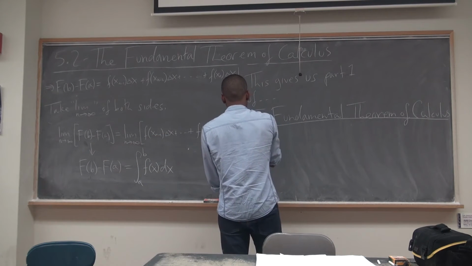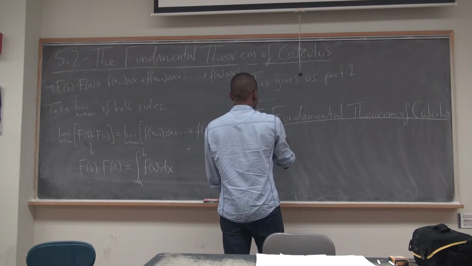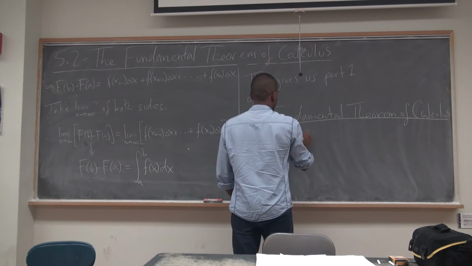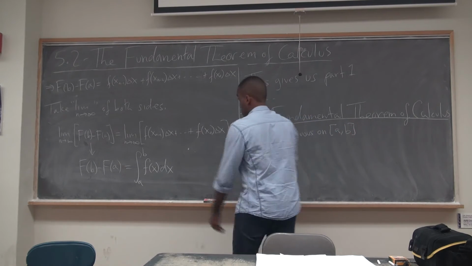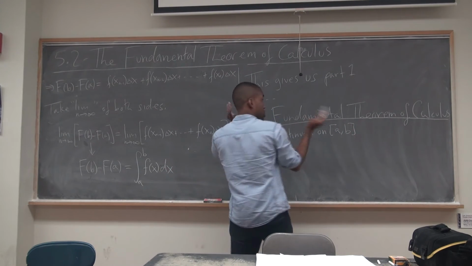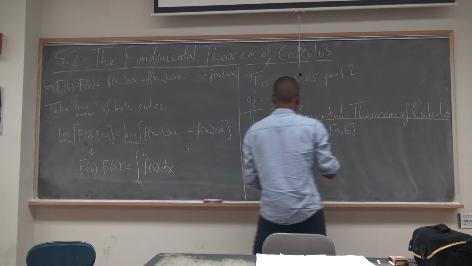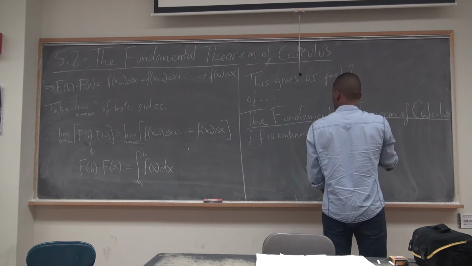So it says here, if f is continuous on [a, b]. Literally this you can forget. This is what you have to remember when I'm writing down now.